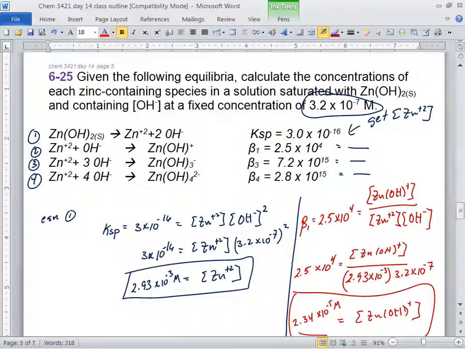Not very soluble. Now you have to look at the formation constant of it to see. But it would explain why tin is more soluble than it should be, because the species tin chloride exists.